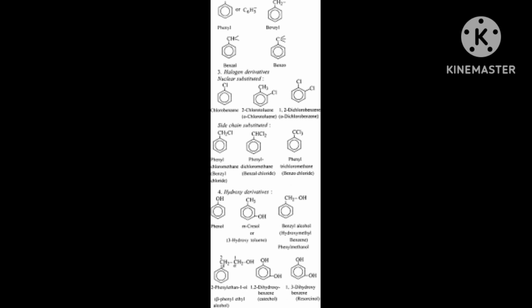If 2 groups are there, first you do the numbering. It will start with the first group, after that the next will be 2, then 3, 4, 5, 6.